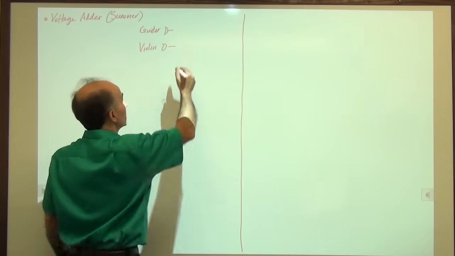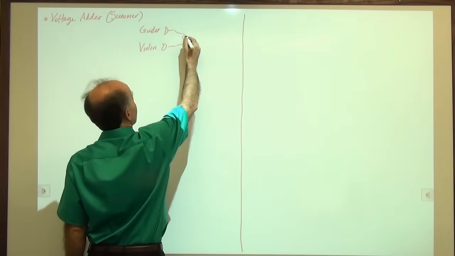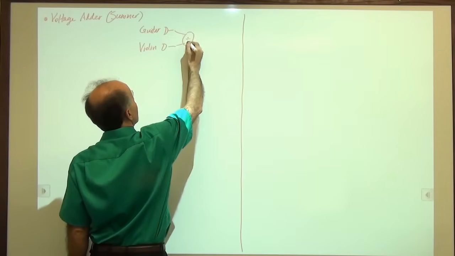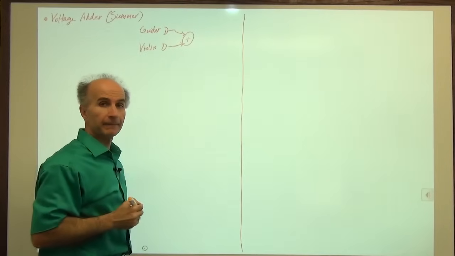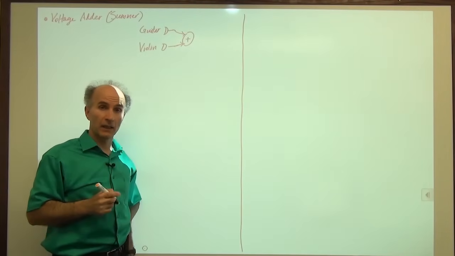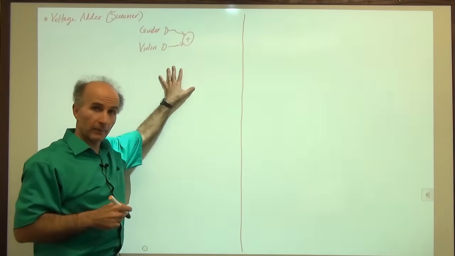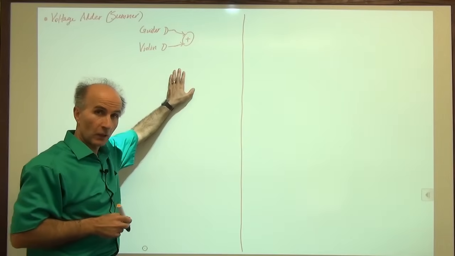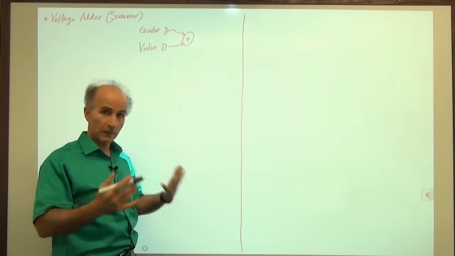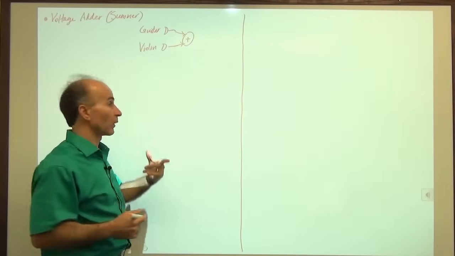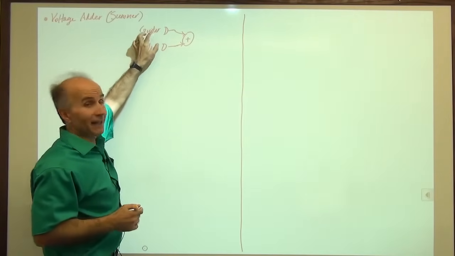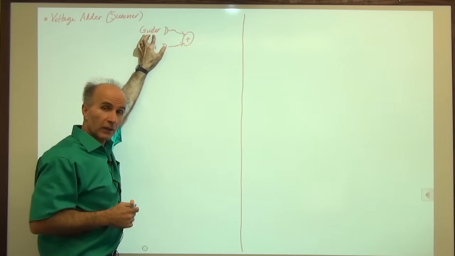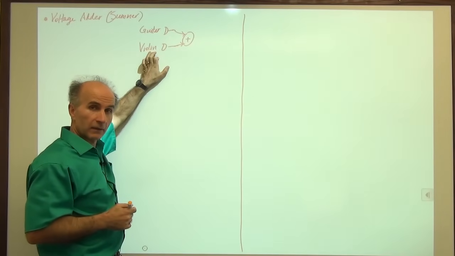So these should go into something that adds these two voltages, right? In fact, in a general music environment, we even need more than that, because depending on the situation or the type of music, we may want to have a louder guitar and a softer violin.